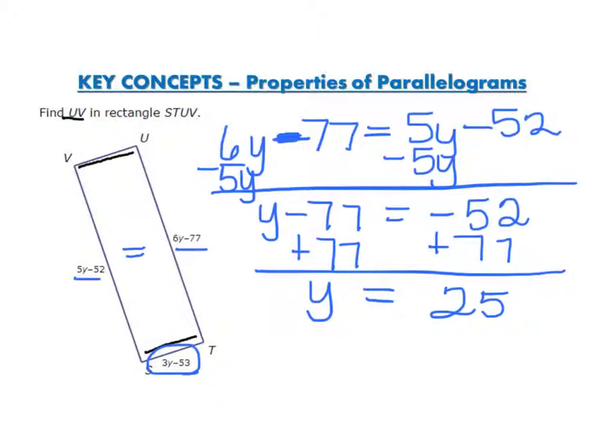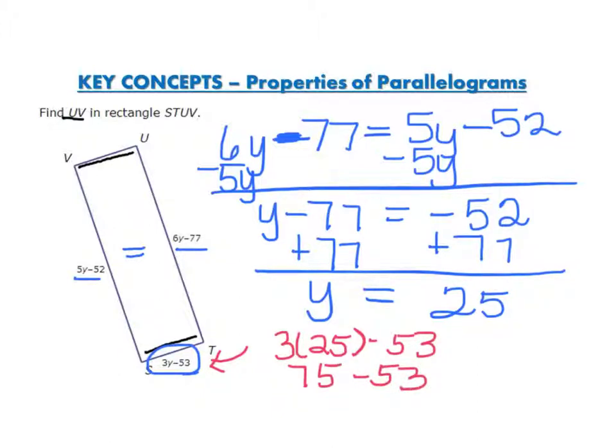So I'm bringing 25 over here and replacing it. 3 times 25 minus 53. That's 75 minus 53 equals 22. So UV, or the length of UV of that rectangle, is 22.